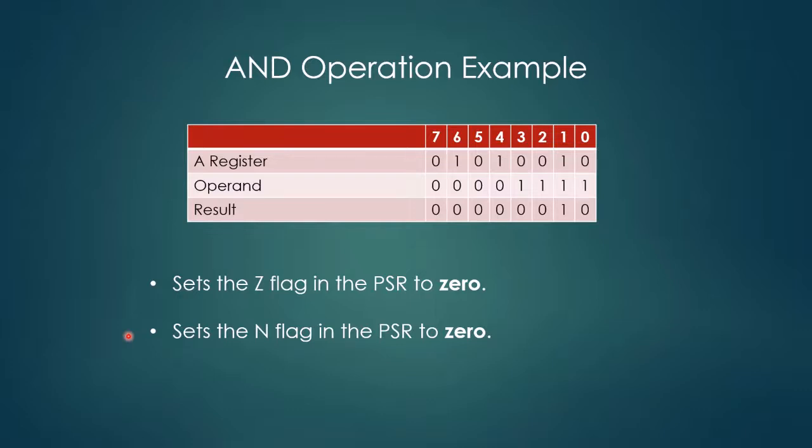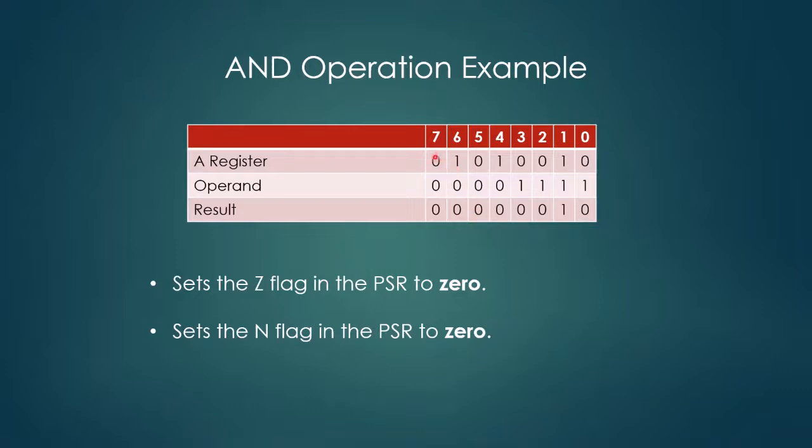Here we show an AND operation example. In this example, the A register contains this value here, which I won't read in binary, but would be 52 in hexadecimal. The next entry is the operand, and the final entry or row in the table is the result.